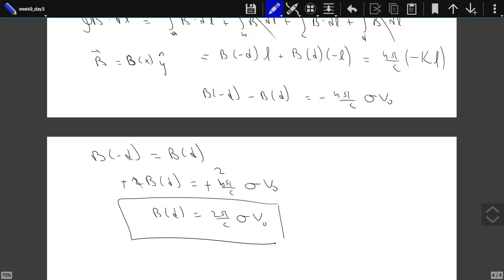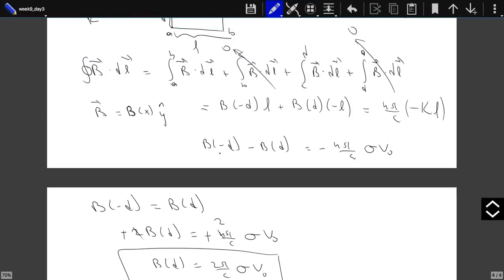So this is the component of the magnetic induction. No, you see, B of minus d is equal to minus B of d. So on the left-hand side, I have minus 2. On the right-hand side, there's also another minus.